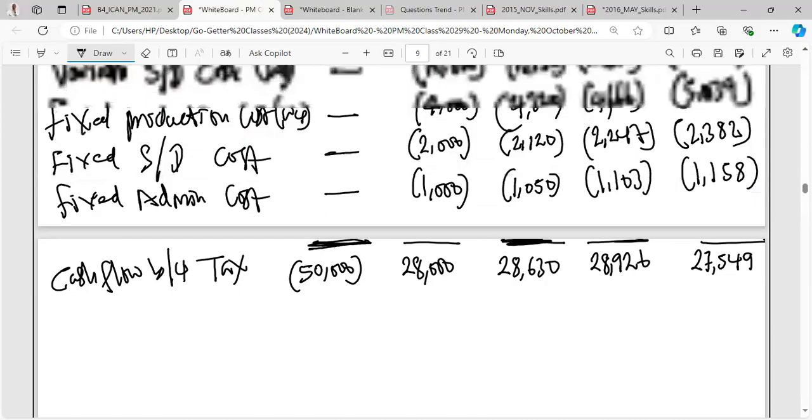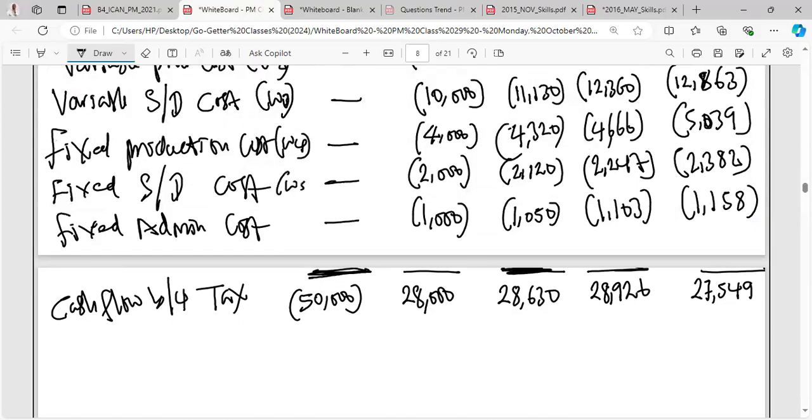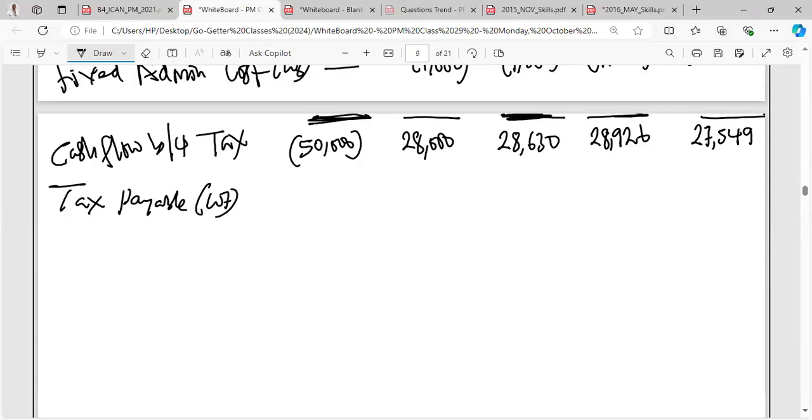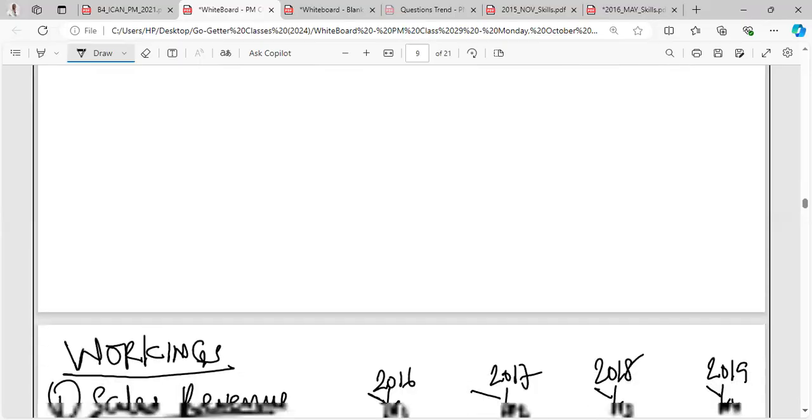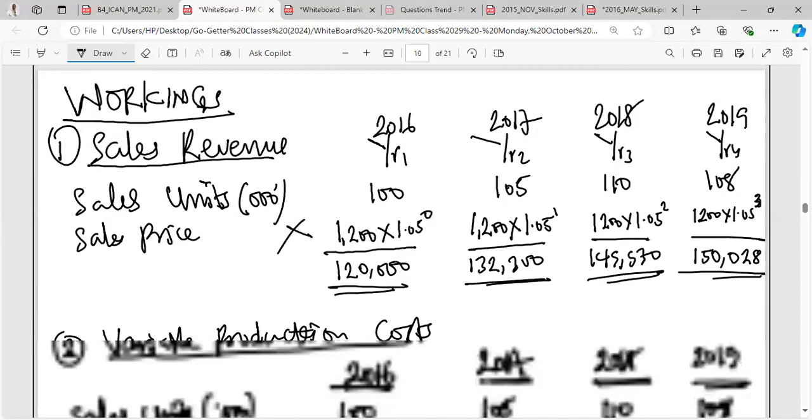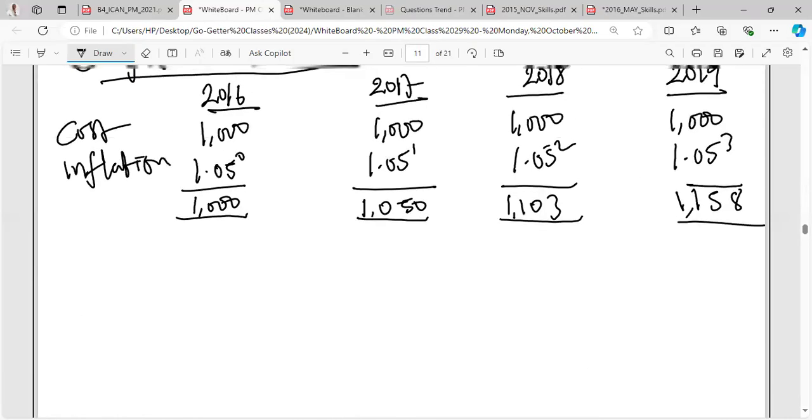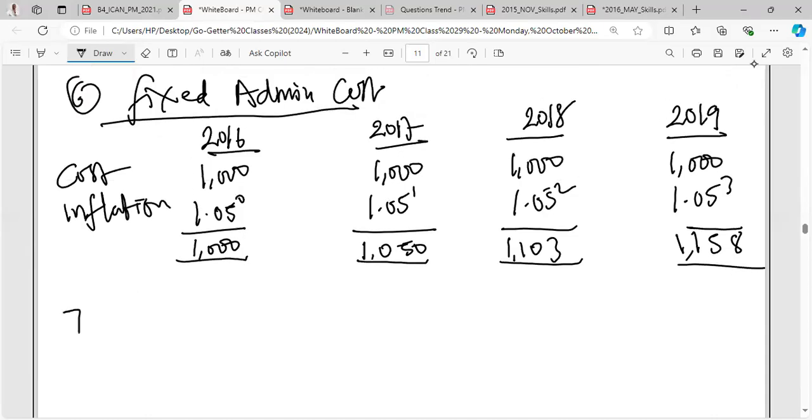Before I do that, let me label these workings: workings 5 and workings 6. This is my tax payable, workings 7.